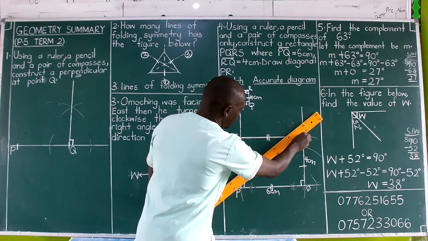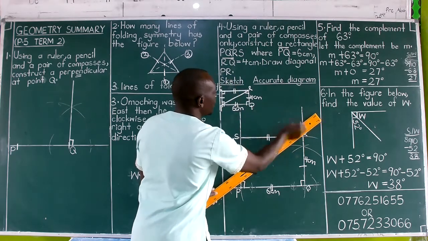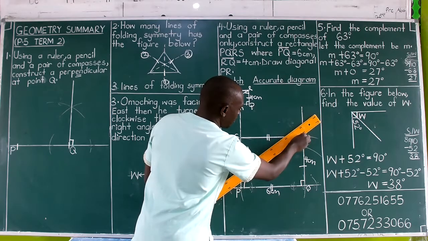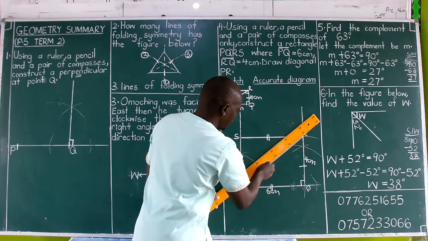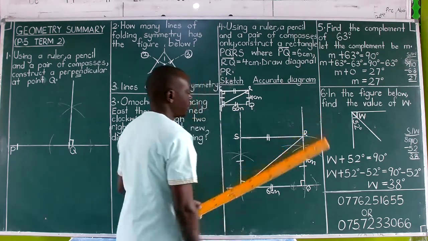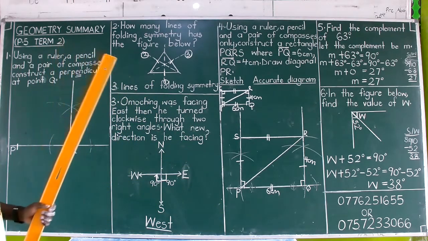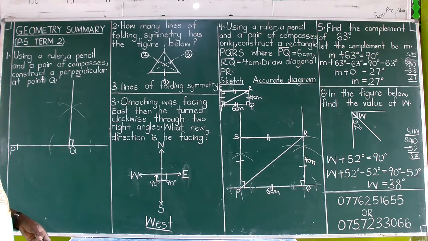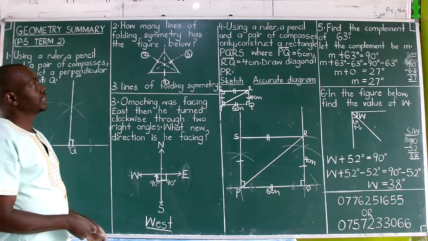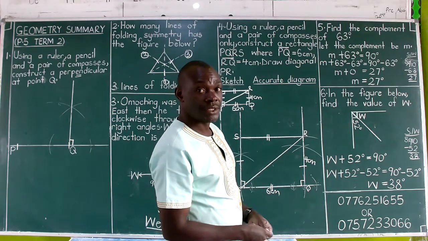Draw a diagonal from P up to R. It is called PR, so from P up to R, or from R up to P. Show that diagonal, and that is our rectangle. Ensure you do like I've done. Very accurate indeed. You will also experience it.